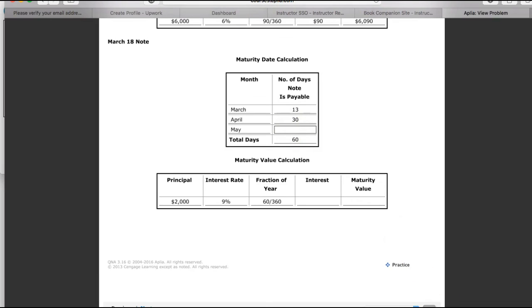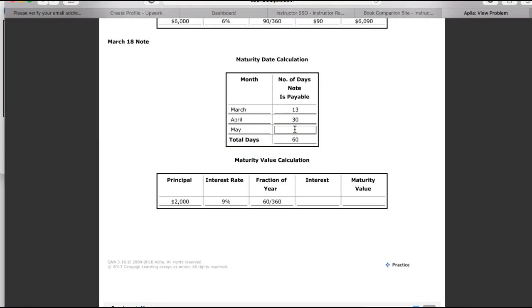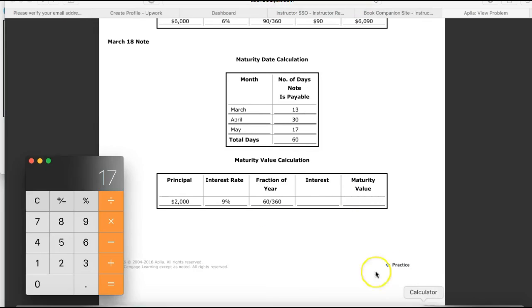Then let's subtract this out. 60 minus 30 minus 13. So we have 17 days remaining. To calculate the interest, and again, I'm doing this because I don't have a fancy calculator, I'm starting with a fraction of the year.